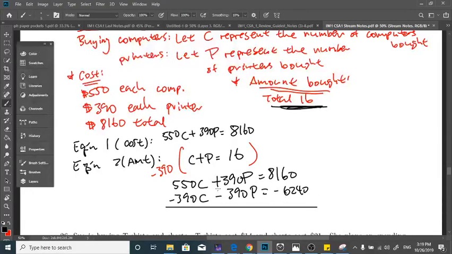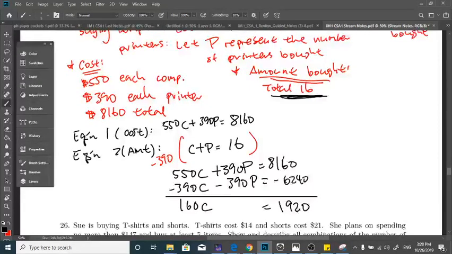And then we can start canceling things out. 550 minus, yeah. We get 160c equals, and then again, you can calculator that thing. 8160 minus 6240 is 1920.